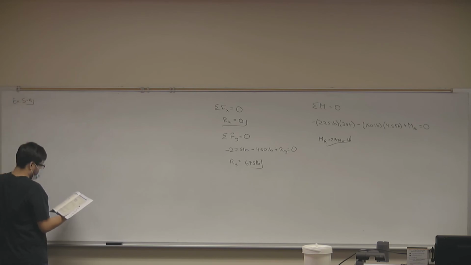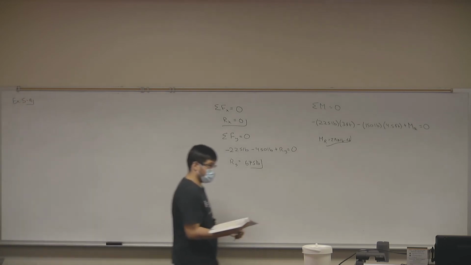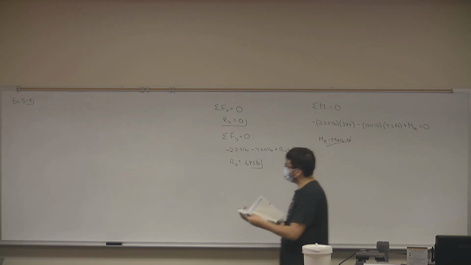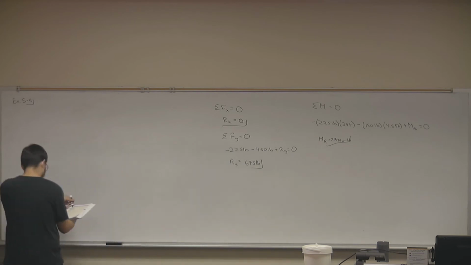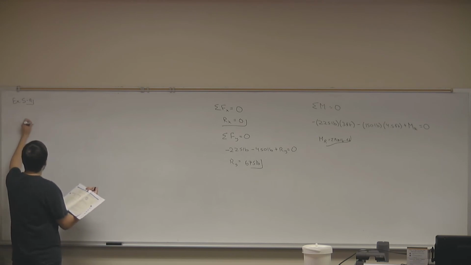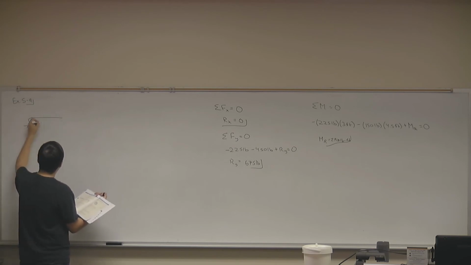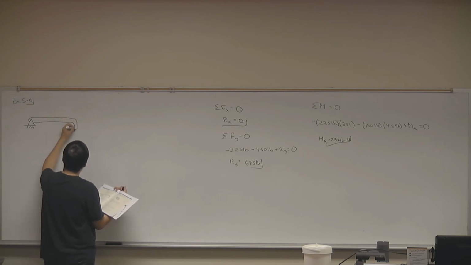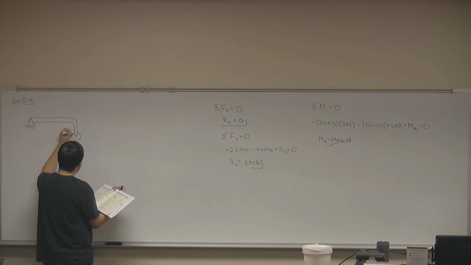5.9. Let me get a different marker. Let's see, we have a rigid body. I'm not even going to try to describe what this is. It's just a rigid body connected to a hinge and a wheel.